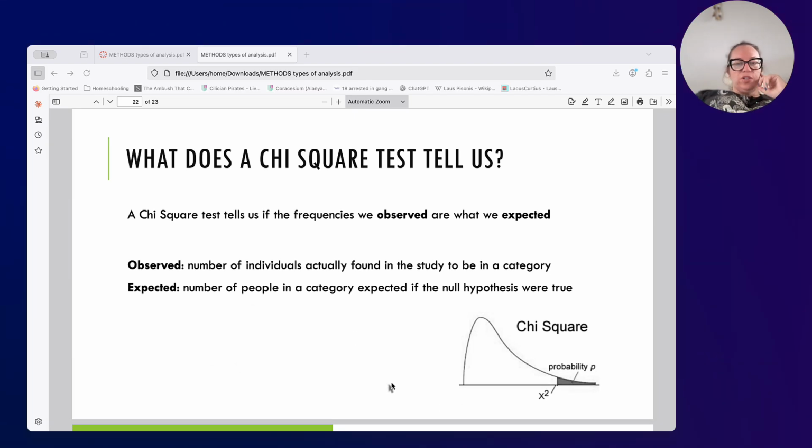So again, if you've taken statistics, you might remember the formula. I'm sure it's very important to you when you commit it to memory, but it uses observed and expected values to indicate if we have something abnormal. Remember, normality is kind of what we're looking at here.